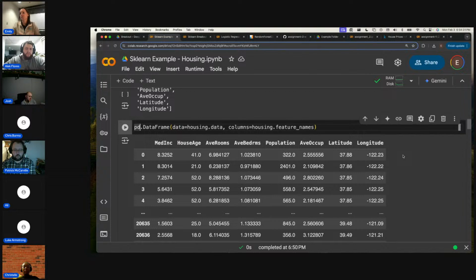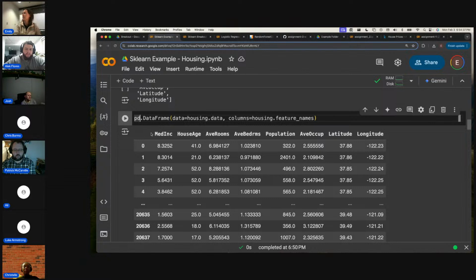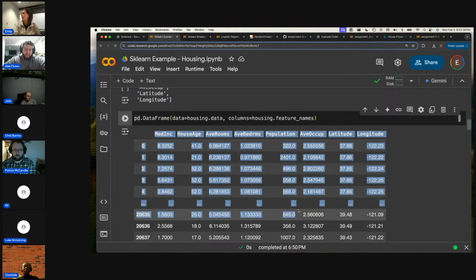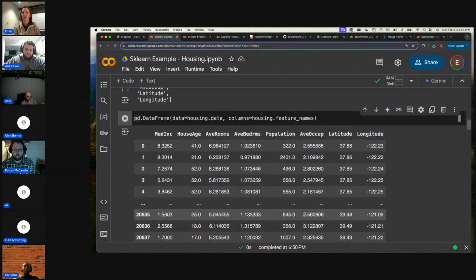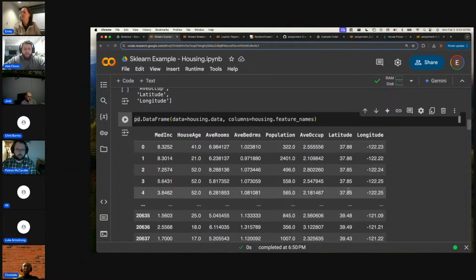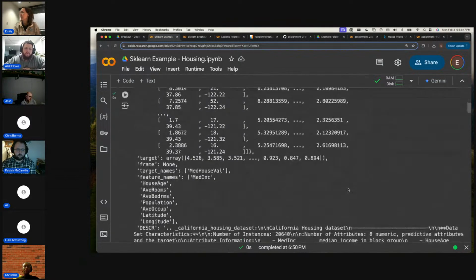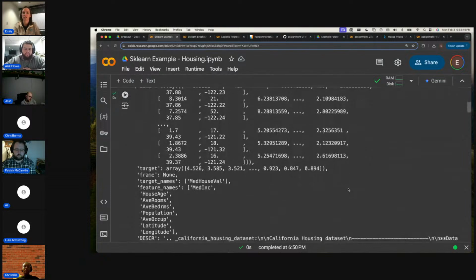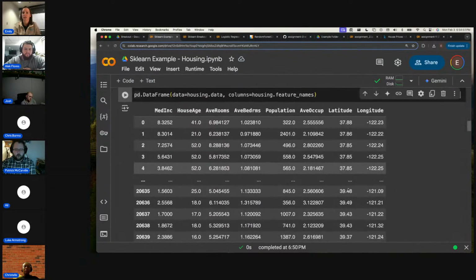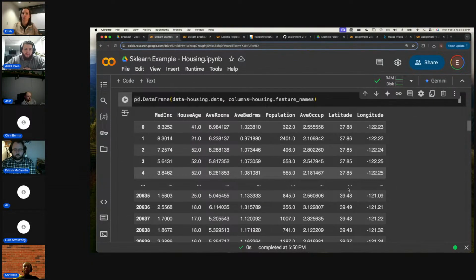It's its own data type, and it's designed to hold tabular data in this structure and format. So one advantage is, yes, it looks pretty. Honestly, it's easier to look and read this than it is to look and read this. This is kind of hard for me to parse as a human. So it is more friendly, but it offers more than that.